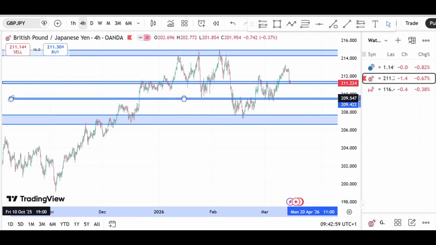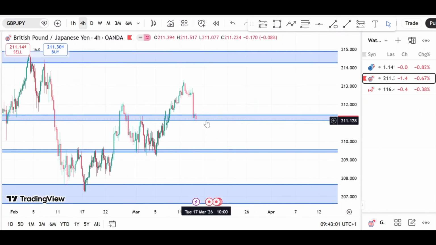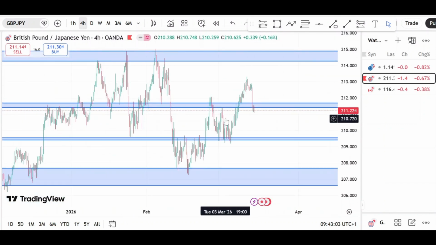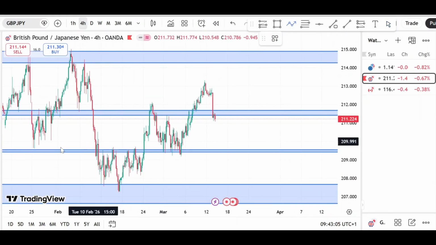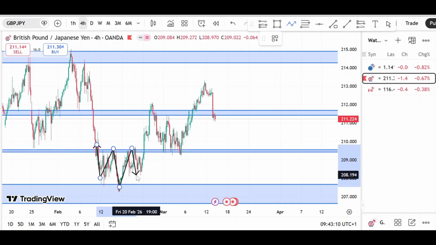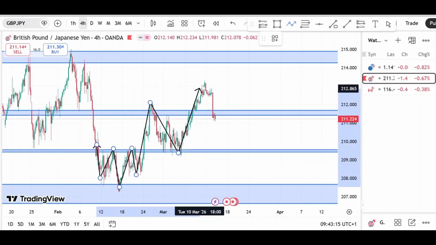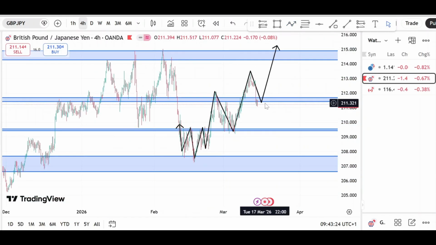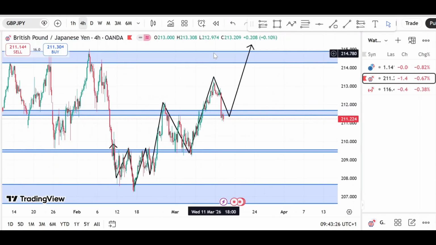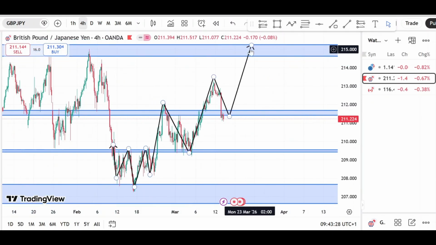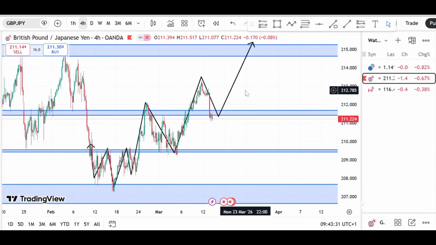There has been a consolidation initially, break of structure to create a higher high, retest the higher low, break of structure higher high, and retest to create the higher low. So we expect that the price is going to return back in uptrend in order to retest fully on this weekly resistance.